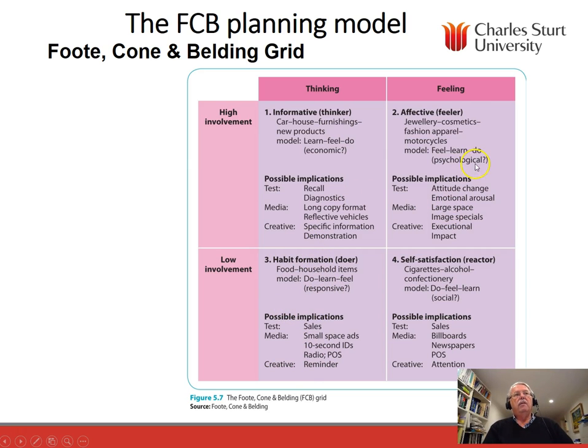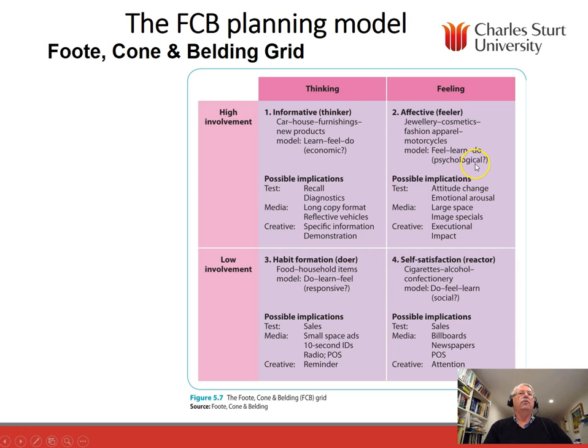So if we're talking about high involvement and we want to develop an effective response towards particular products, such as, for example, the Jador commercial that we saw earlier. The kinds of products or services which relate to this are jewellery and cosmetics, fashion, apparel, motorcycles. And basically this is about developing an effective attitude, a positive feeling towards the product, learning and then do.